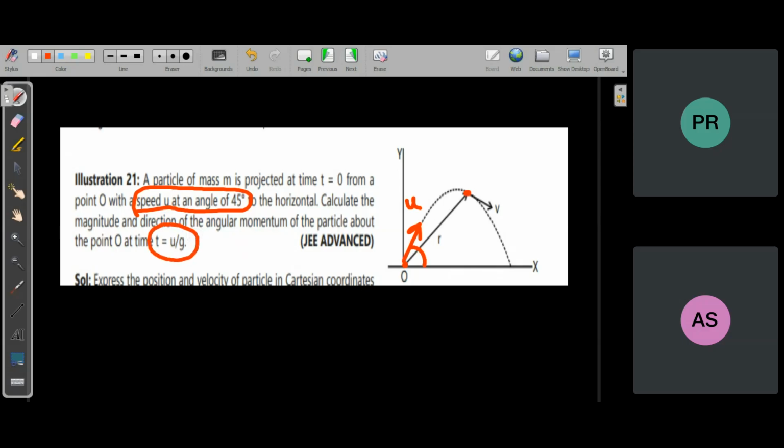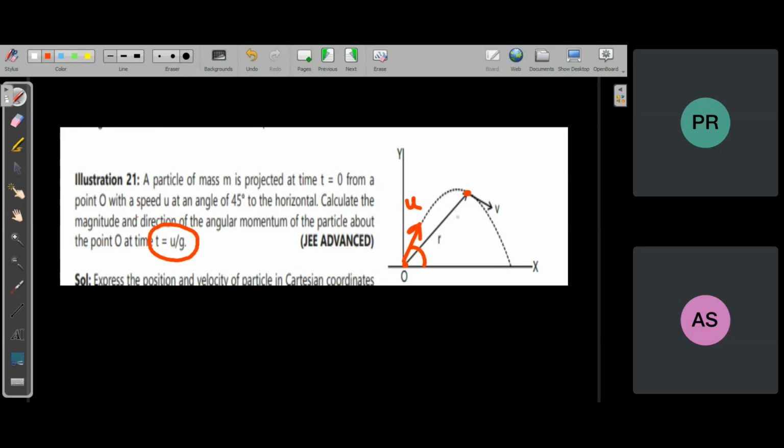If you see carefully, where will the particle be at this time? At maximum height? No, sir. So check whether it is at maximum height or not. Theta is 45 degrees. So it is at some point.